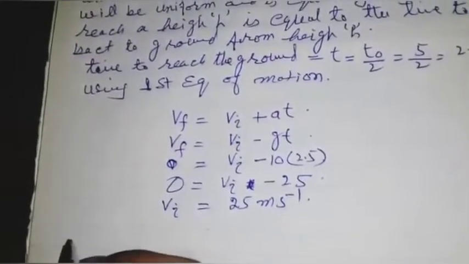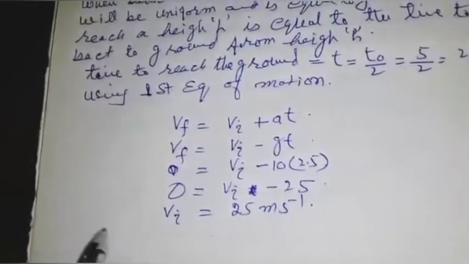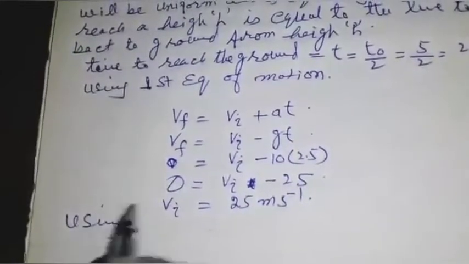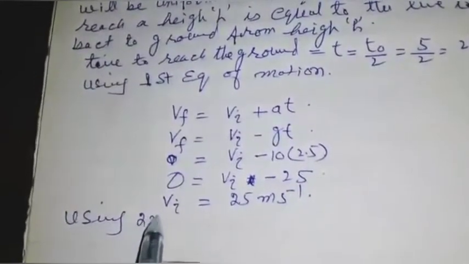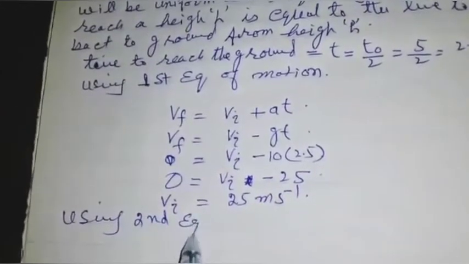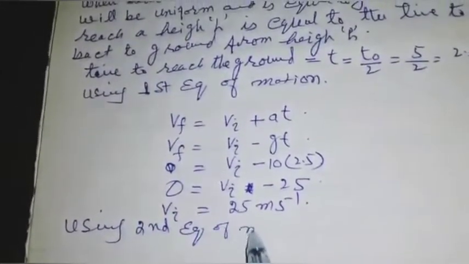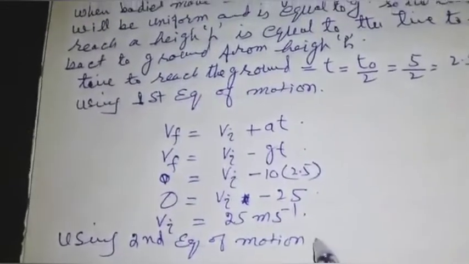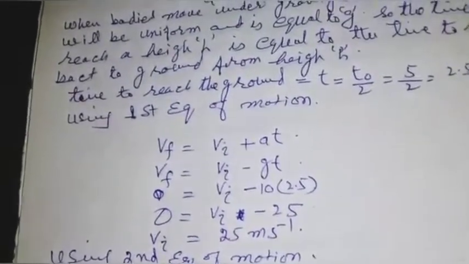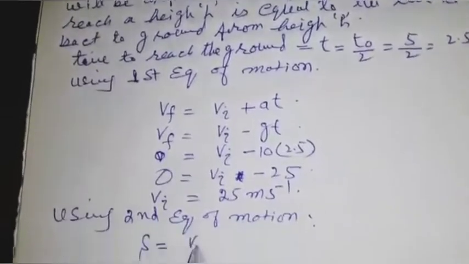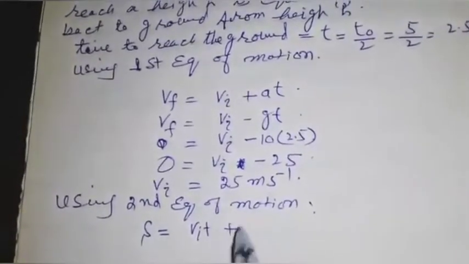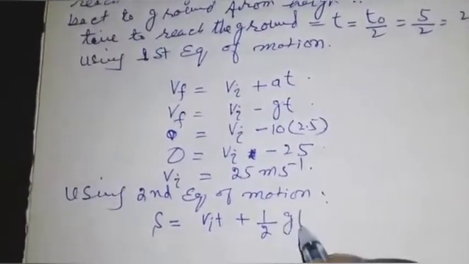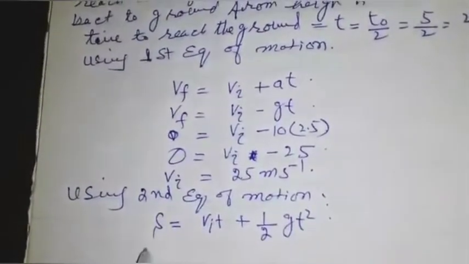Now we are using the second equation of motion, S is equal to Vit plus half gt square.